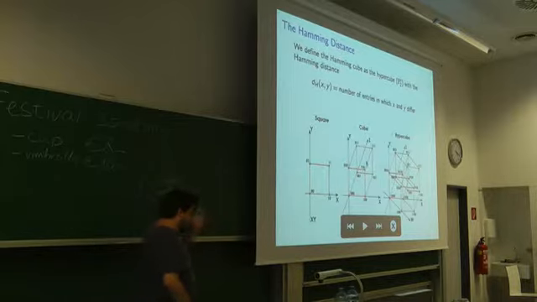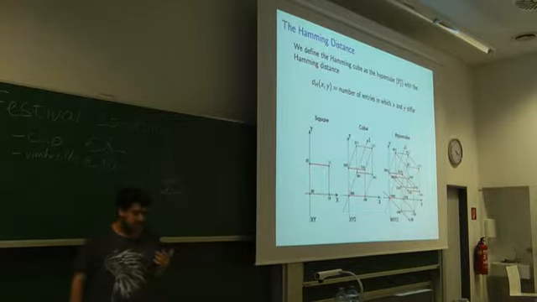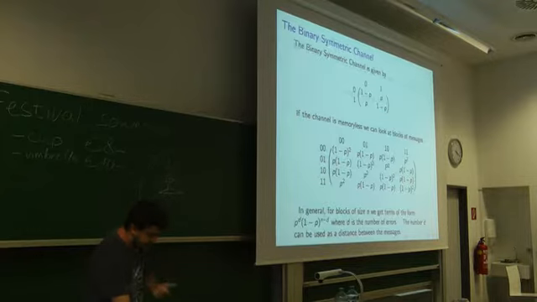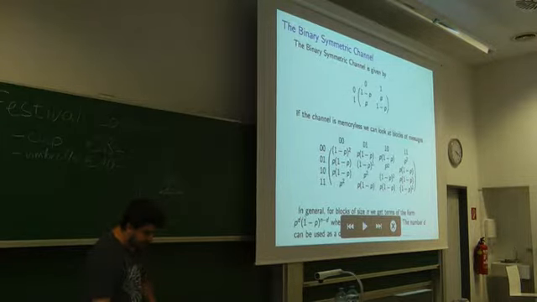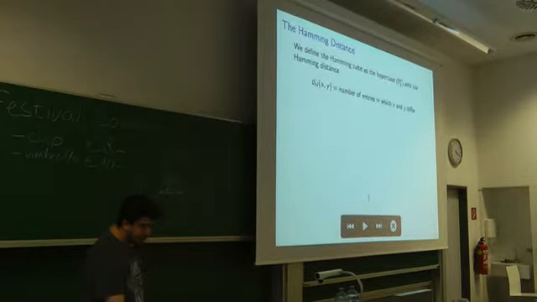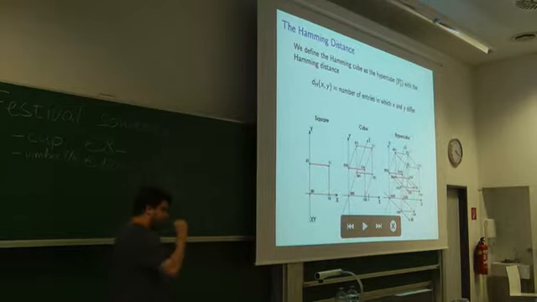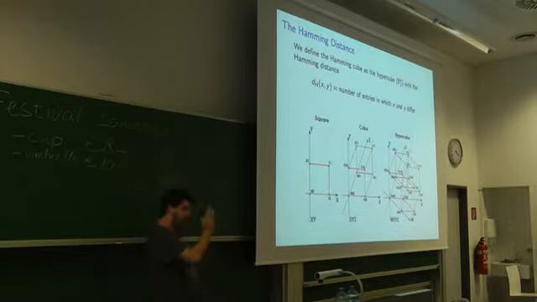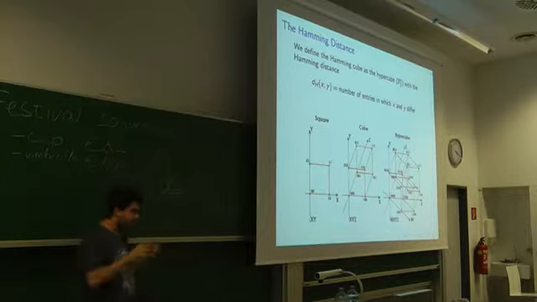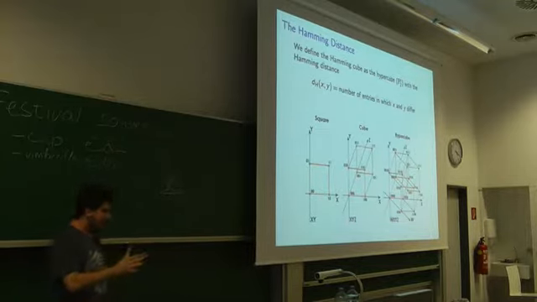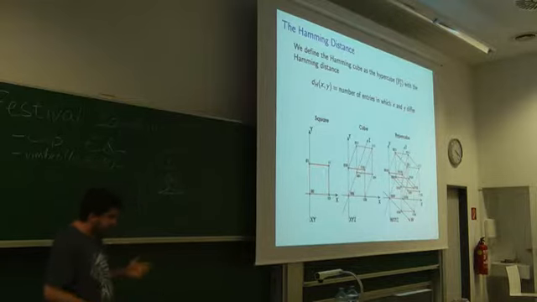And the point here is that this distance coincides with this d here, and it means that decoding for that channel is equivalent to decoding using this distance. So that means that the channel is matched to the Hamming distance.